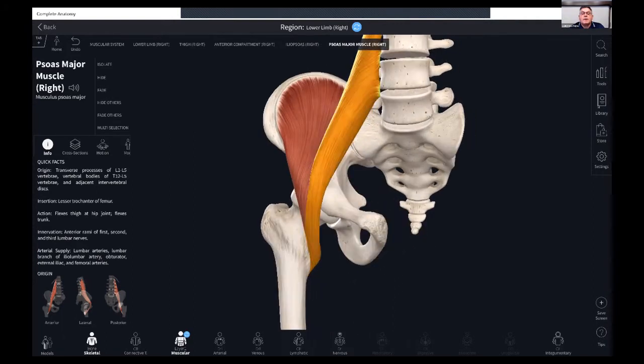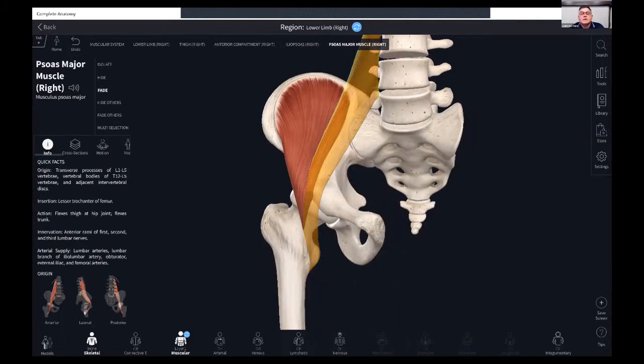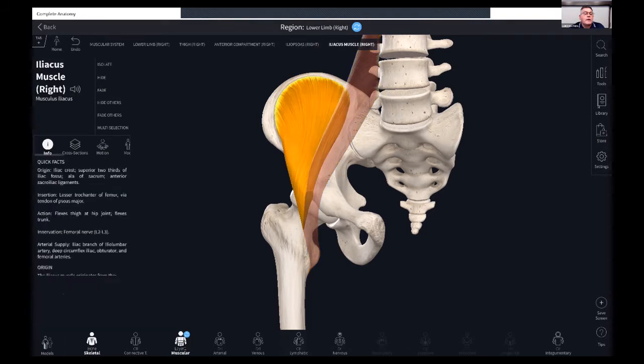So let's swap here. I'm going to go ahead and fade psoas so that we can look at iliacus. Its origin, the iliac crest. The superior two-thirds of the iliac fossa, so the upper part of that iliac fossa right there.